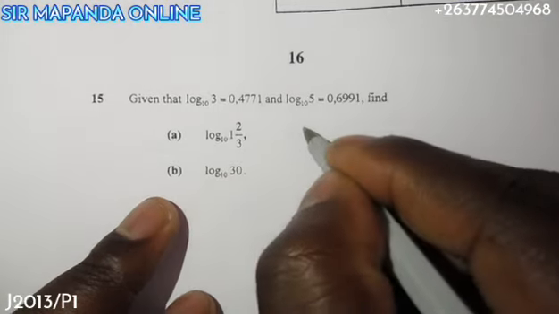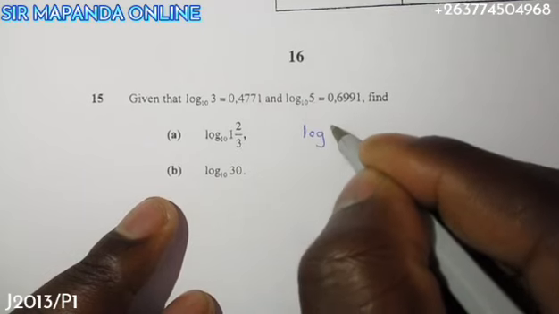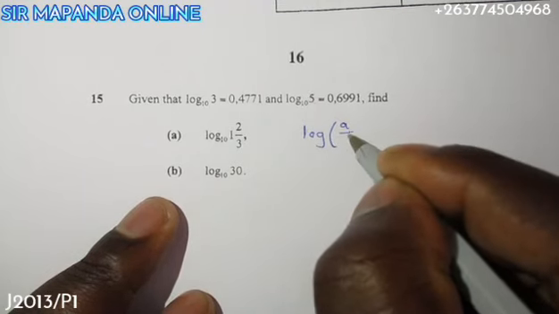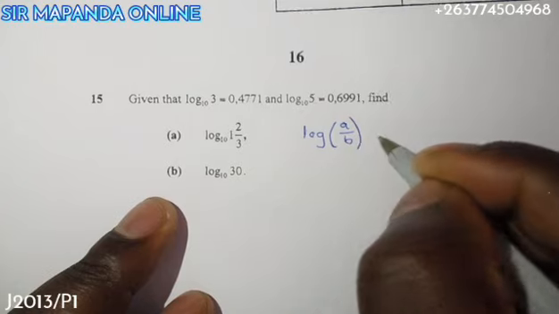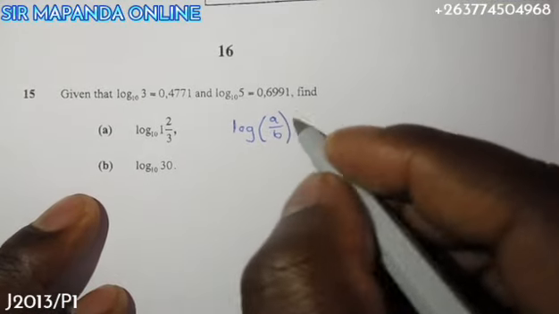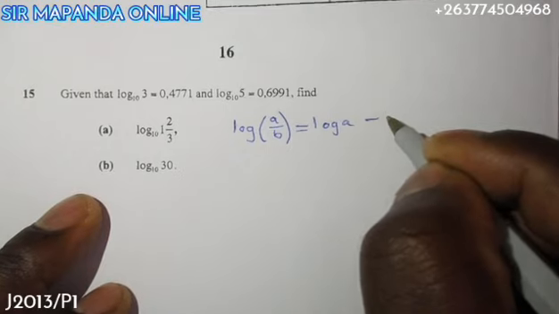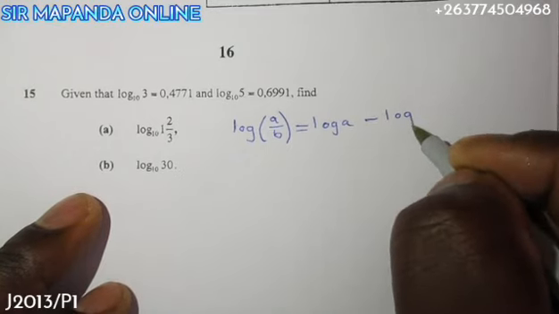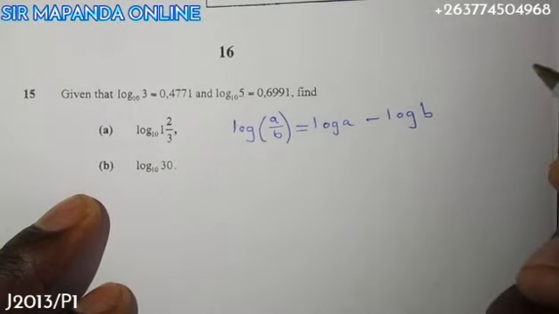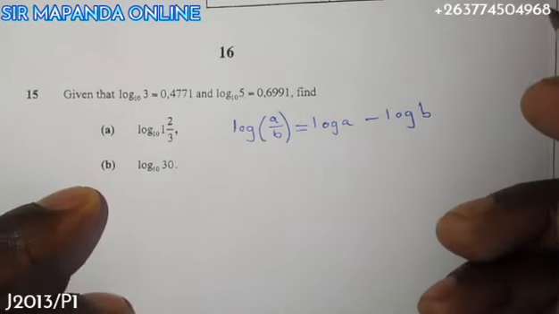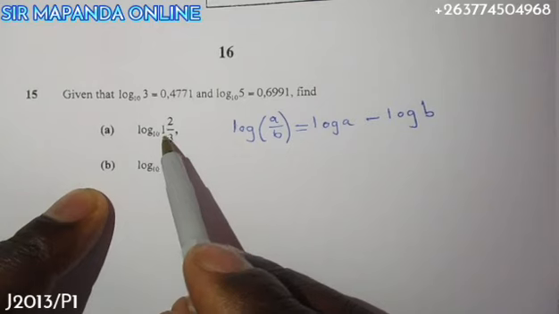You need to understand the law that when you divide, you subtract. So log A over B is as good as log A minus log B. This is the law you need in order to attack this question.